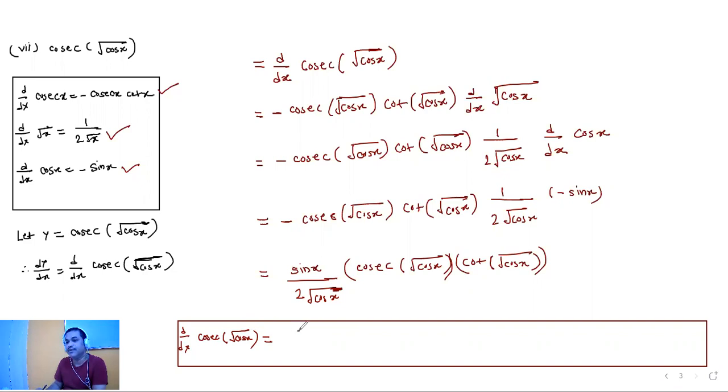So thus this will become sin of x, cosec of root of cos x, then cot of root of cos of x, divided by 2 root of cos of x. So that is our final answer.